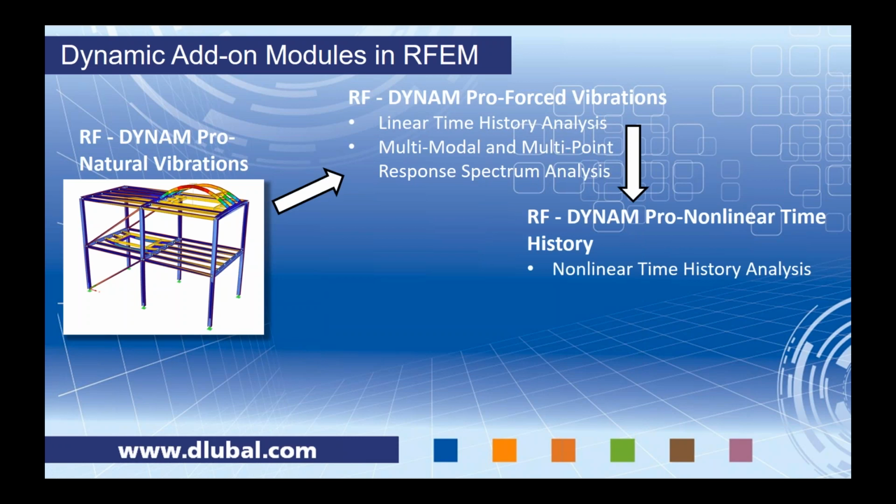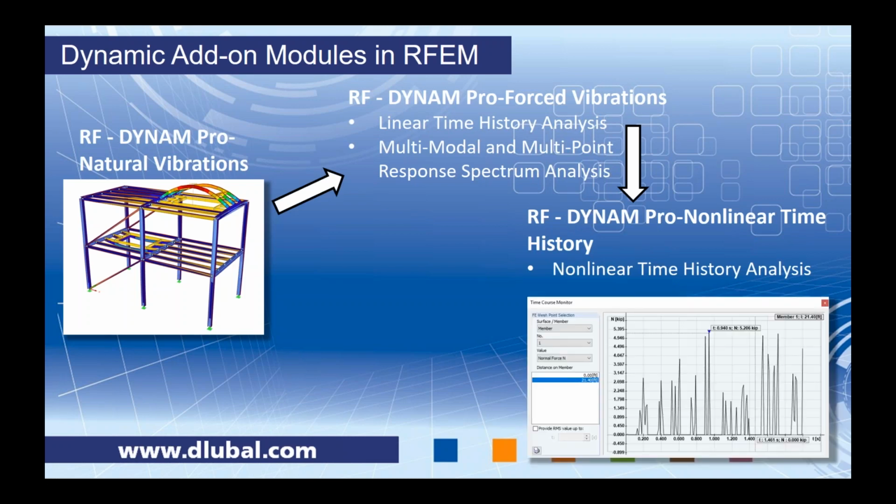Now, we've recently added RF-DYNAM Pro Nonlinear Time History. This is a module extension. You do have to have DYNAM Pro Forced Vibrations in order to add on this module extension, which provides nonlinear time history analysis. Now if we take a look at that exact same time course monitor for the same tension-only member, we see a little bit of a difference here.